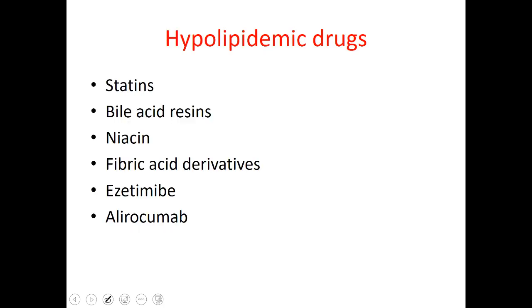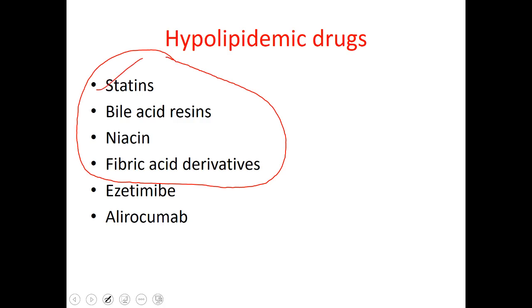These are the 4 important categories of drugs that are used often in dyslipidemia. Statins, the first and the foremost, which is often given as primary prevention and also in certain subgroup of patients for secondary prevention.